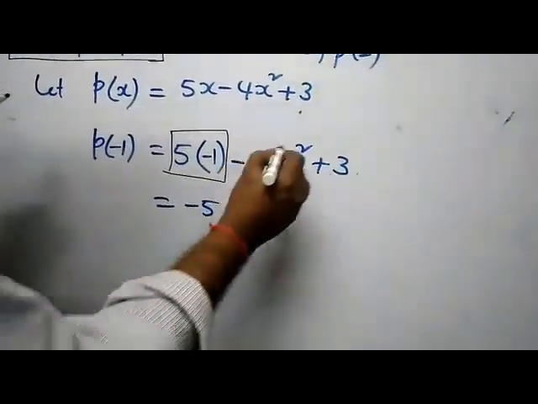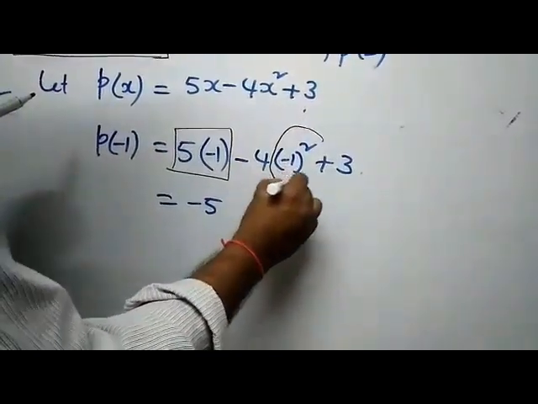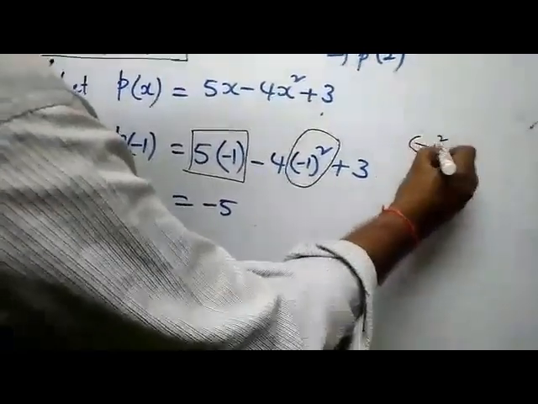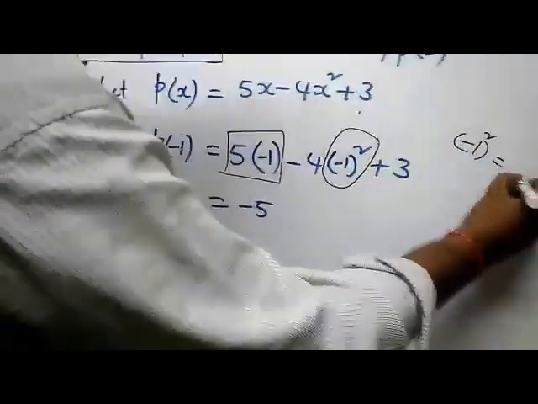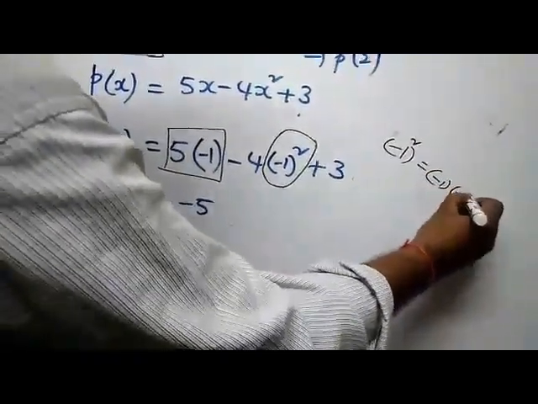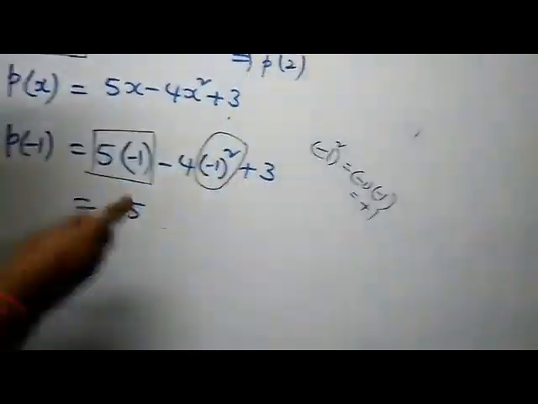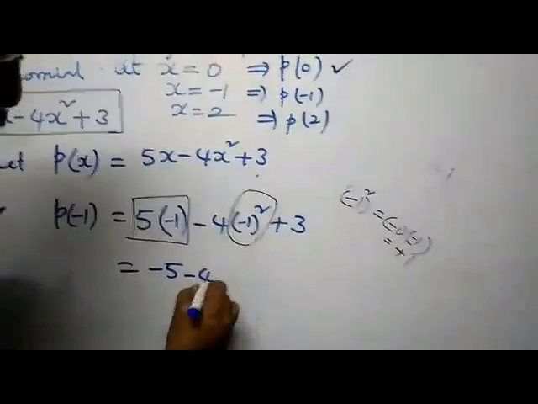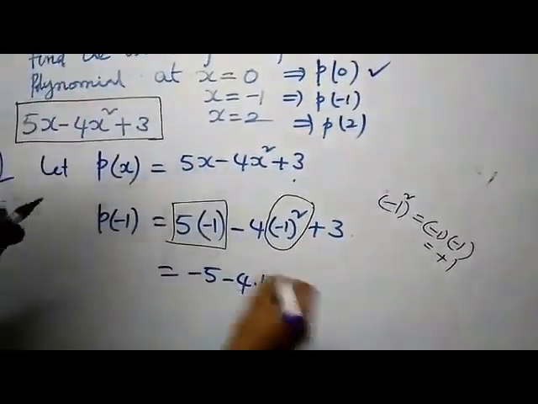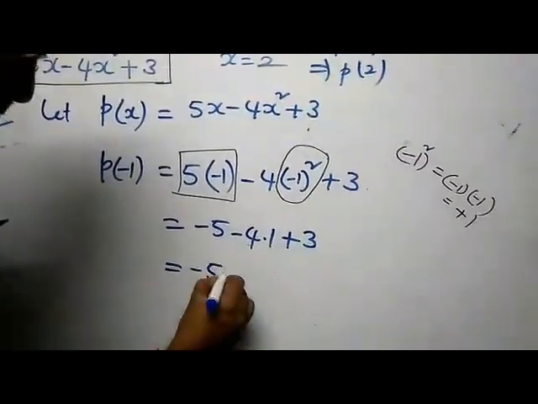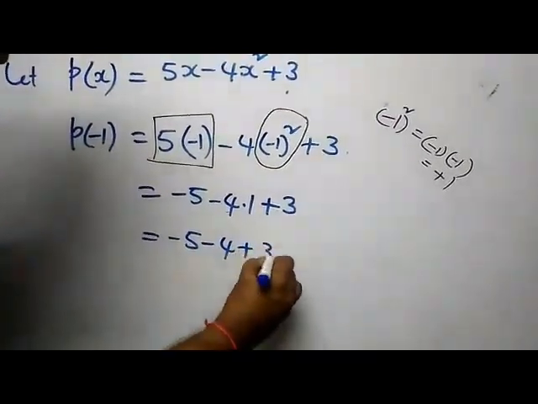First you should simplify the exponential form. Minus 1 whole square is actually 1. If you want, minus 1 into minus 1 is equal to plus 1. That's why minus 4 into minus 1 square, which is 1, plus 3, is equal to minus 5 minus 4 plus 3.